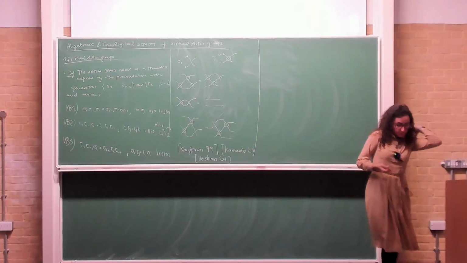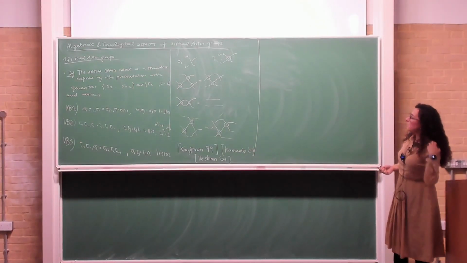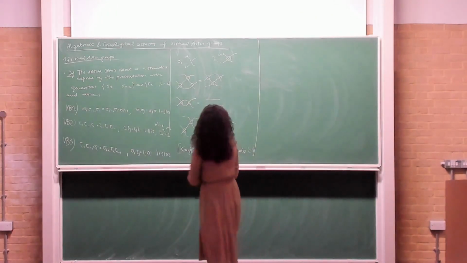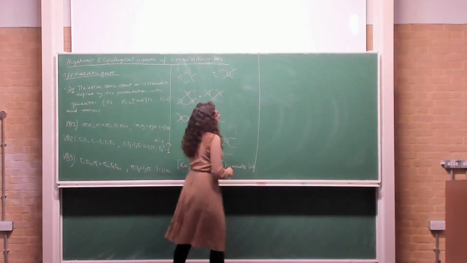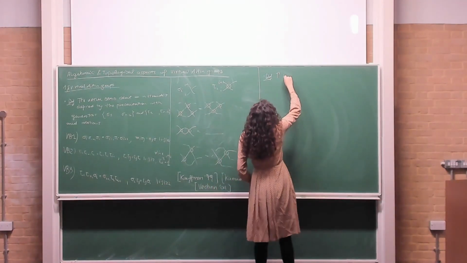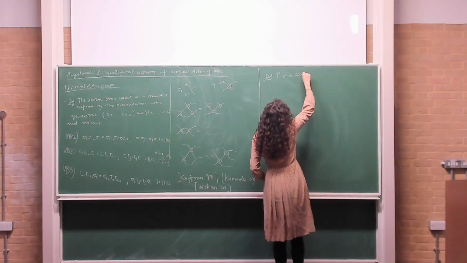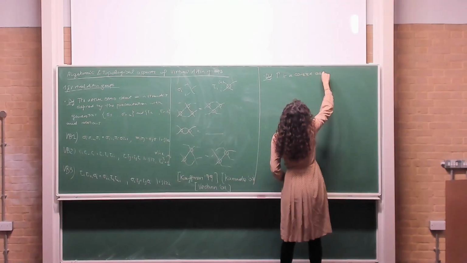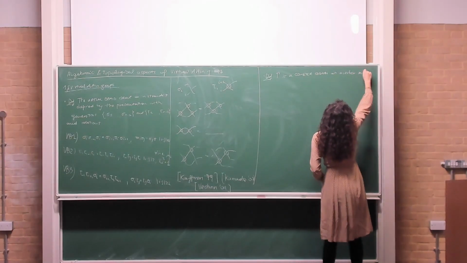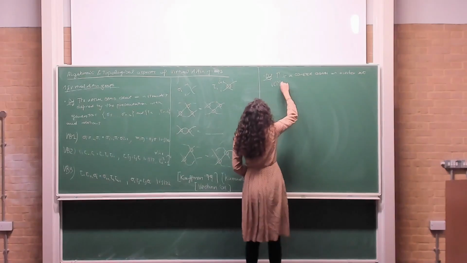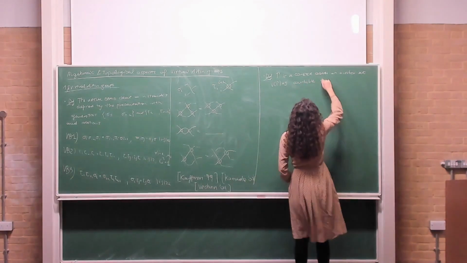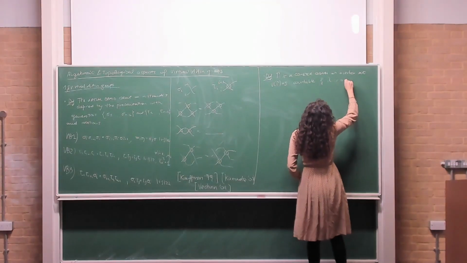And to do that, we will need some data to define these groups that are given by a presentation with generators and relations. And this data is provided by a Coxeter graph. So definition: gamma is a Coxeter graph on a vertex set which is countable if it is simplicial.